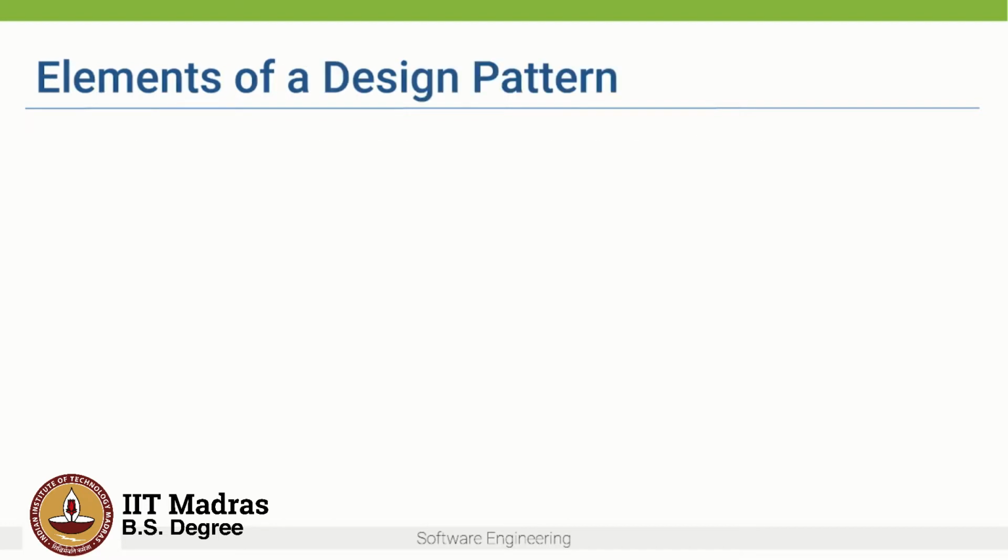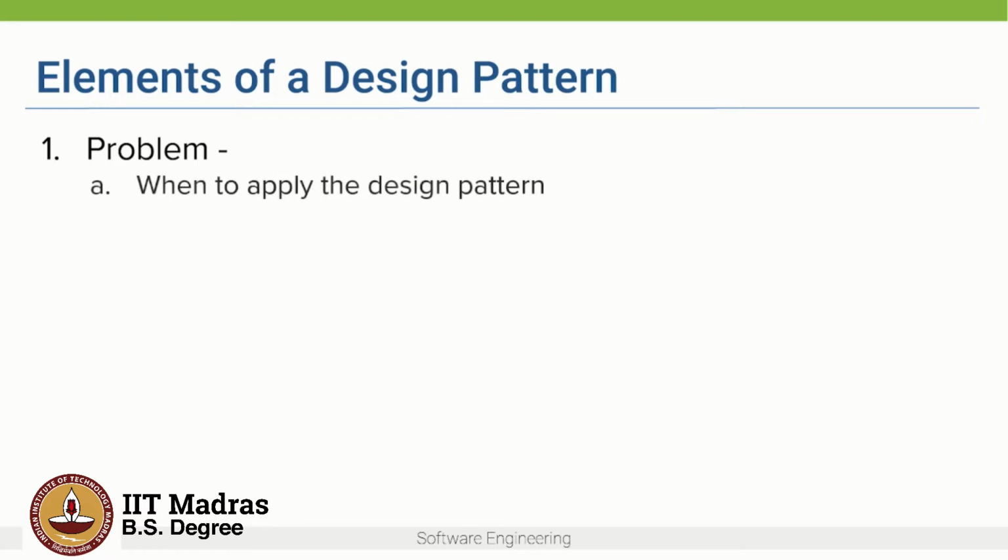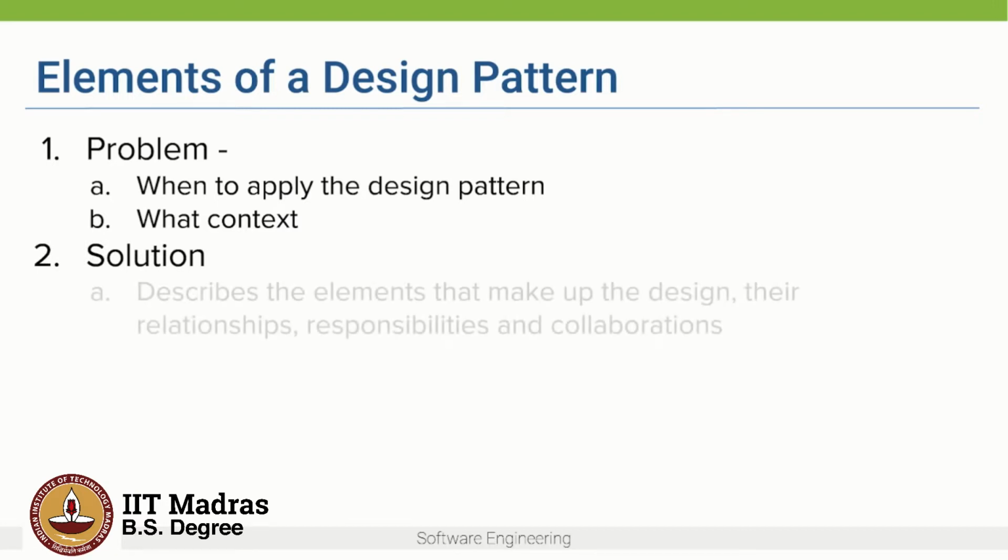So what are the elements of a design pattern? First, we need to identify the problem to which a particular design pattern can be applied. So we need to know when to apply the design pattern and in what context. That is the first thing we need to know. Then we apply the design pattern that forms part of our solution.